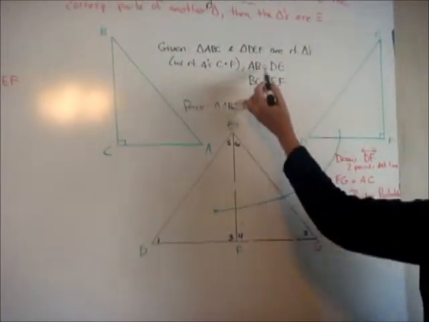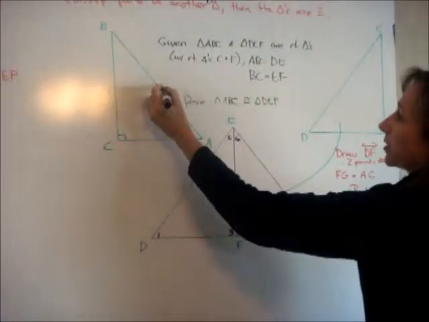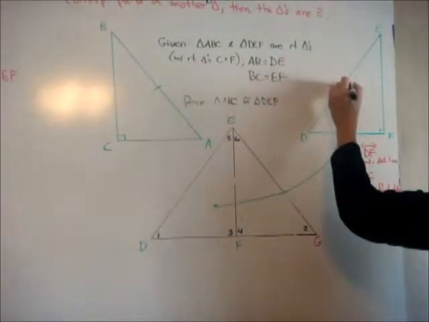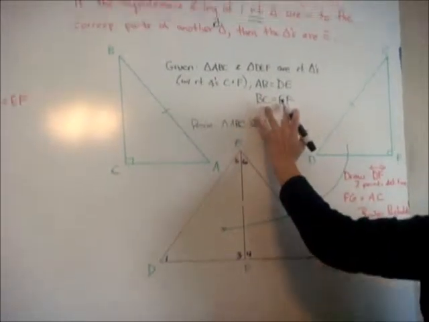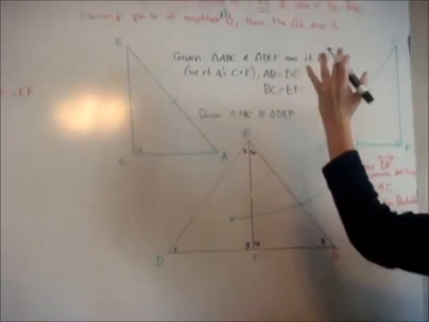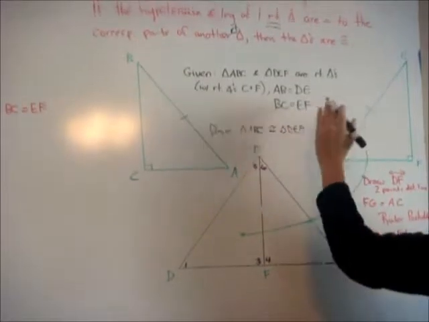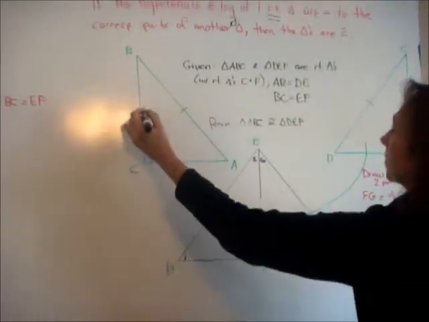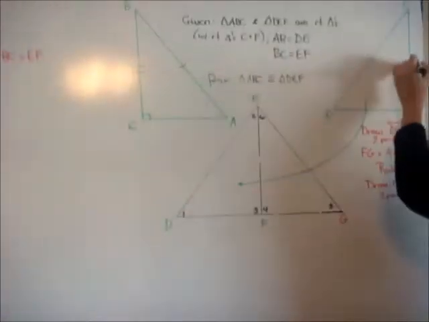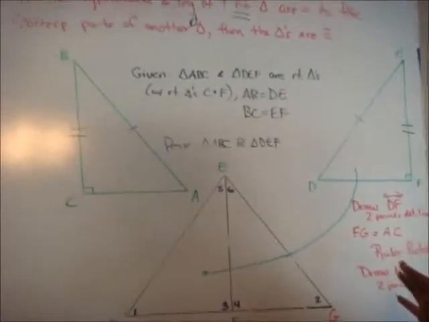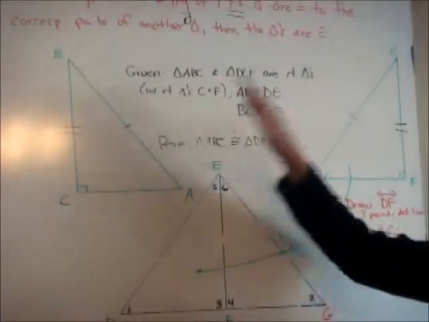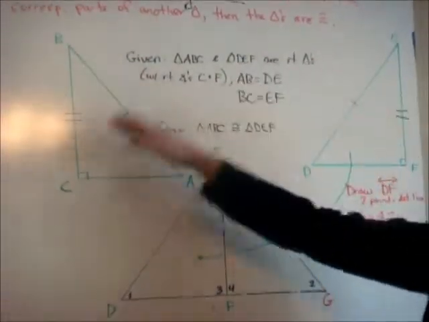So we have AB, that's the hypotenuse, is equal to this hypotenuse. And it says the hypotenuse and leg, so we're going to pick a leg, and I did BC. Yeah, BC and EF. So we have just like what the theorem says. We have right triangles, we have a hypotenuse equal to the other, and a leg equal to a leg.